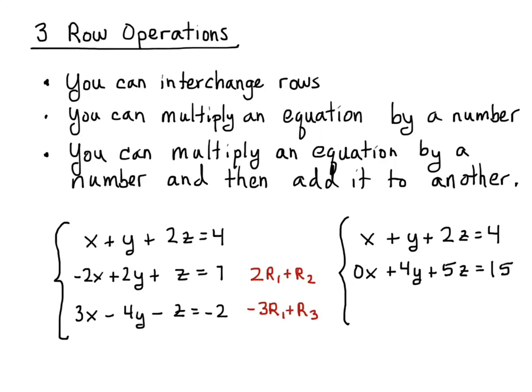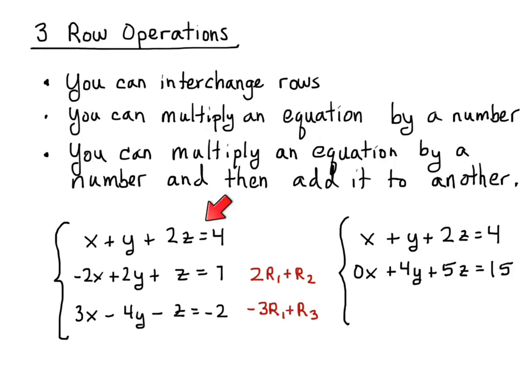So how did I get those? For the y values now, I'm going to take 2 times y and add it to the second row, which is 2y, and from that I get 4y.